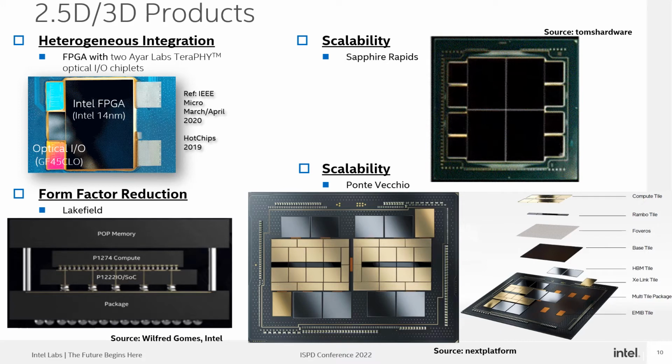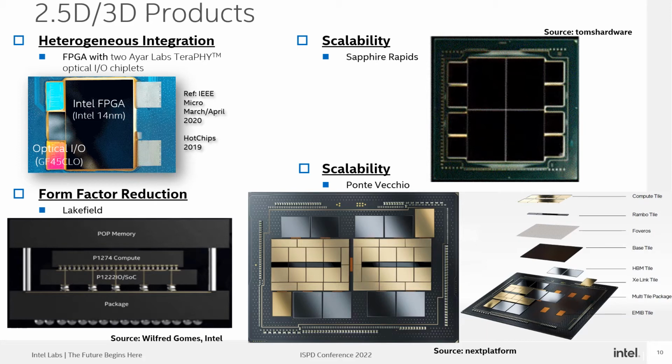Intel has products in this space. For heterogeneous integration, FPGAs were the first. Two IR Labs TeraPHY chips, optical I/O chiplets, were connected over EMIB to Intel's FPGA, and this was published in 2020 and 2019.